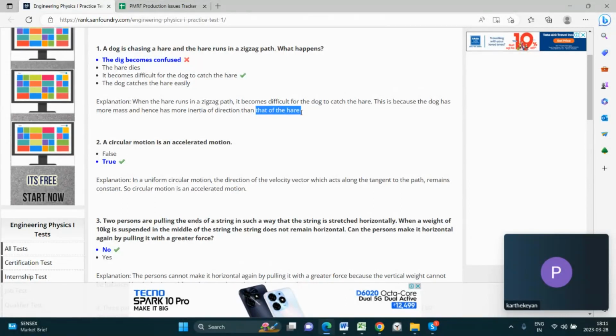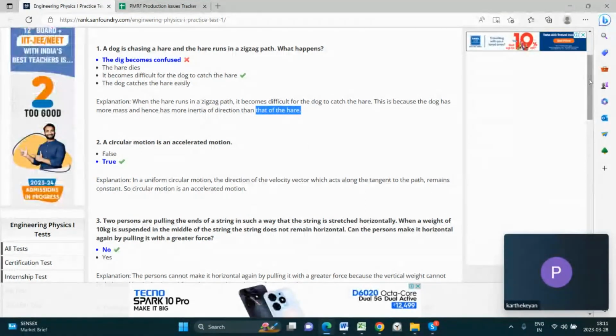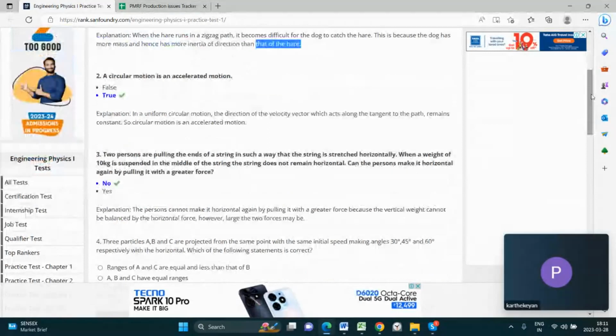Similarly, we will go through some of the examples given here. A circular motion is an accelerated motion.